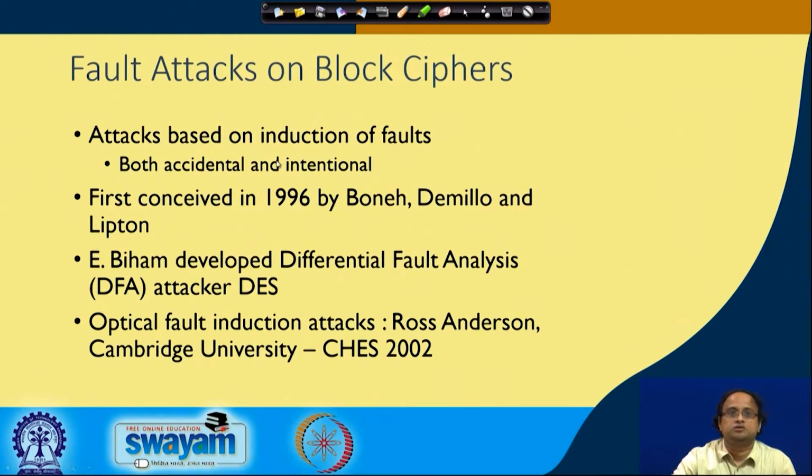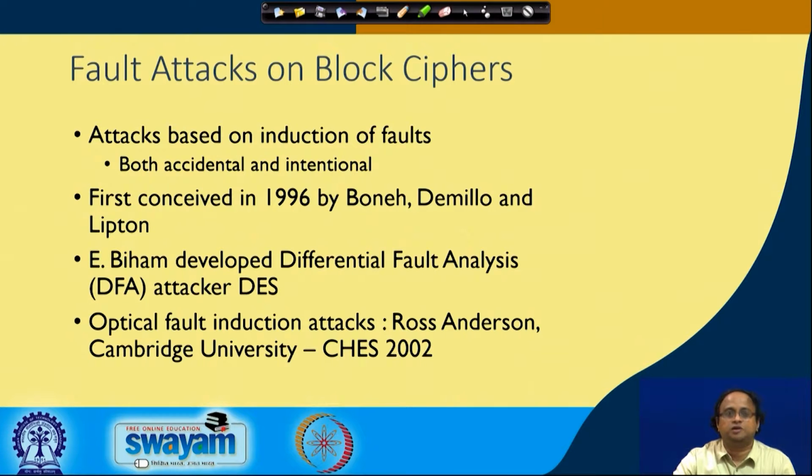It was first conceived in 1996 by Boneh, DeMillo and Lipton, in a seminal paper, to show how faults can be catastrophic on cryptographic protocols. Later, there was a very nice work by Eli Biham and Adi Shamir showing how differential fault analysis can be performed on DES.